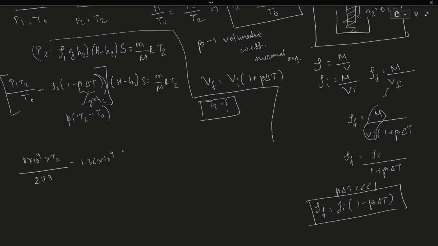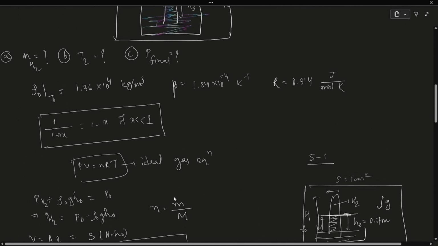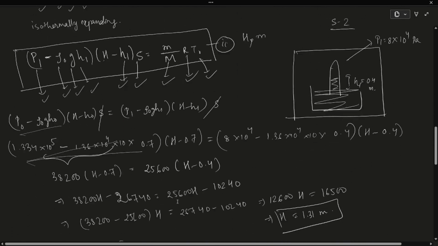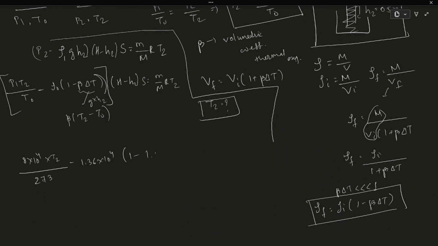Rho naught into 1 minus beta delta T, where beta is 1.84 into 10 to the power minus 4, and delta T is T2 minus T naught, into g into H2.